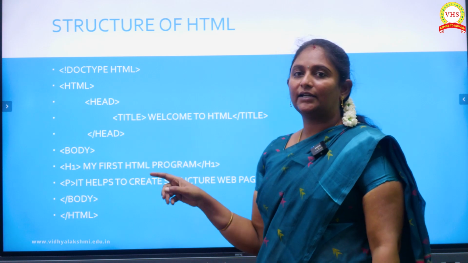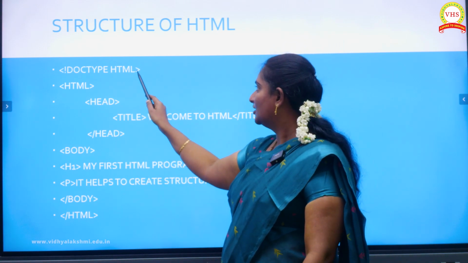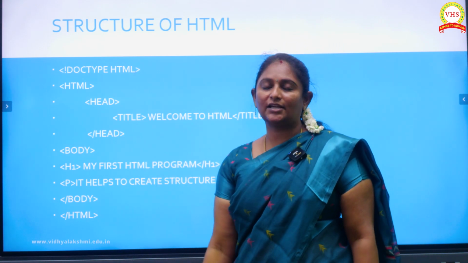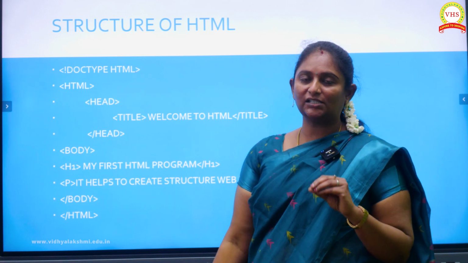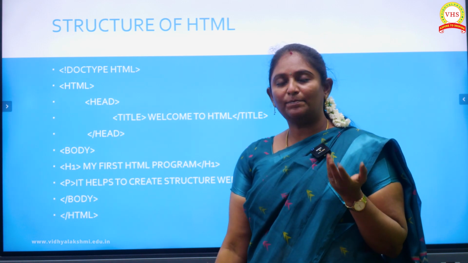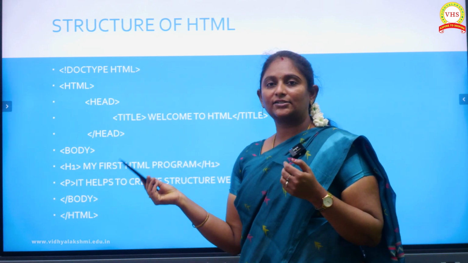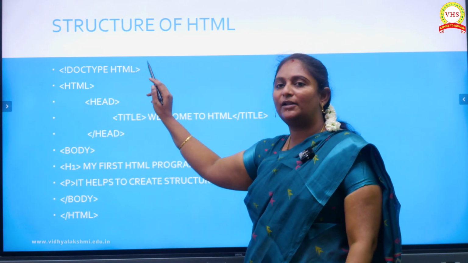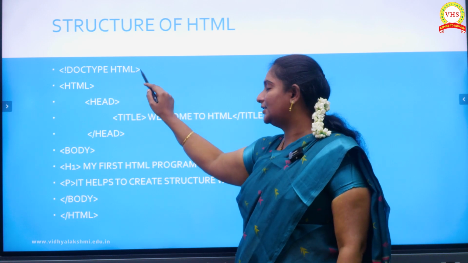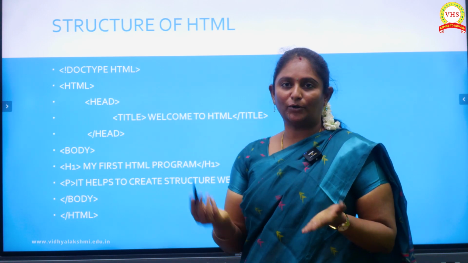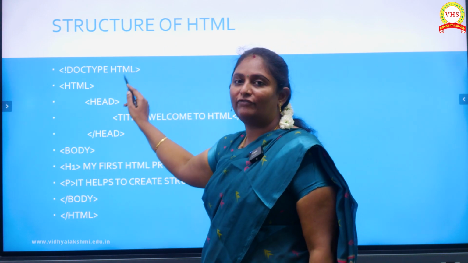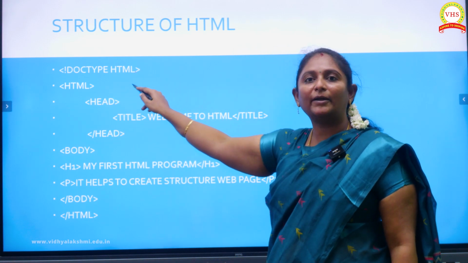This is nothing but a declaration statement. When the browser sees this statement, it never executes it. In C and C++, we use declaration statements in a similar way. In the same way in HTML code, this is a declaration statement. It tells the web browser it is an HTML file, and it is never executed by the web browser.